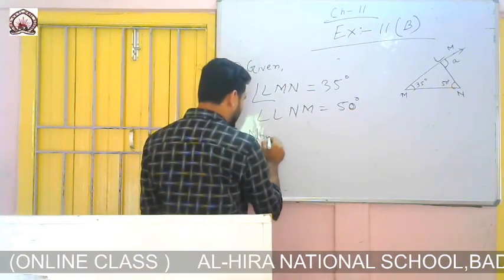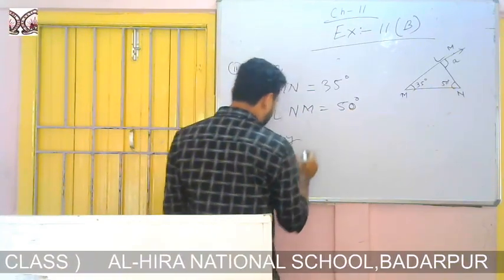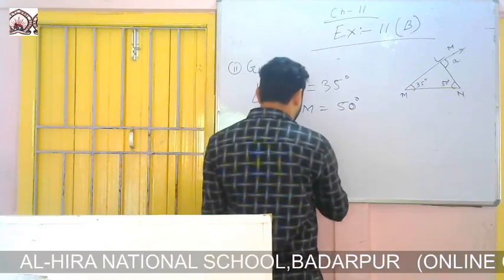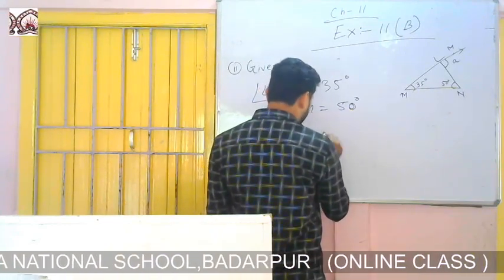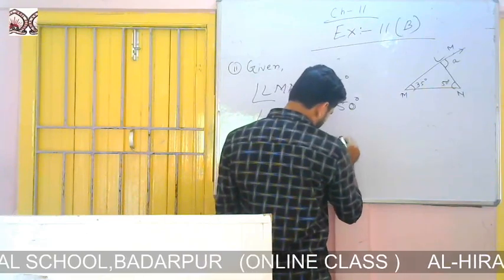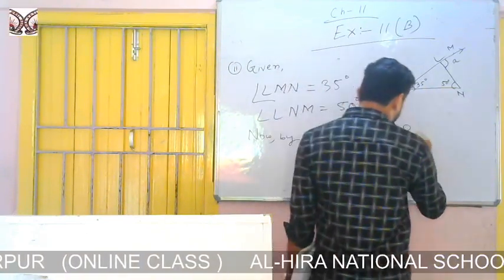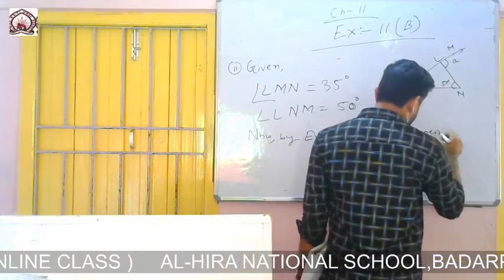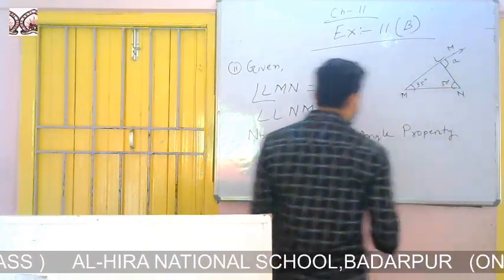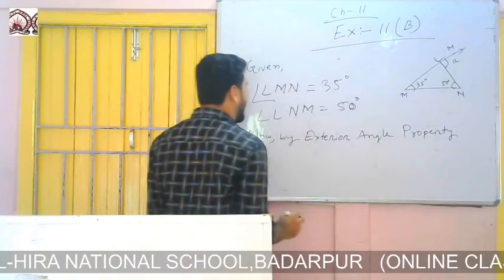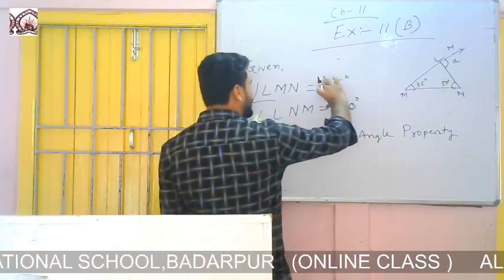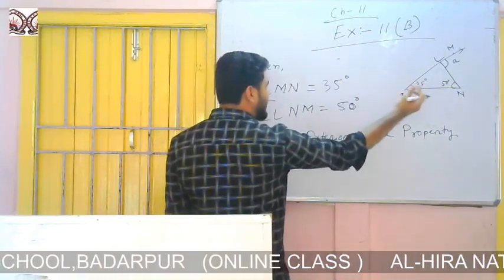Now write again, now by the exterior angle property. We can write, by the exterior angle property, the summation of these two interior opposite angles equals the exterior angle.